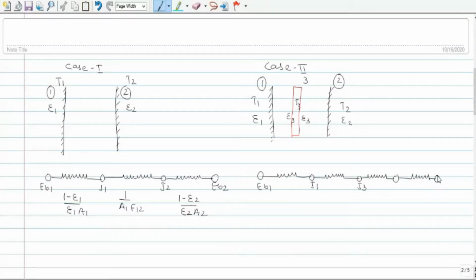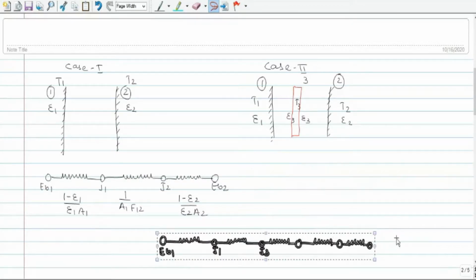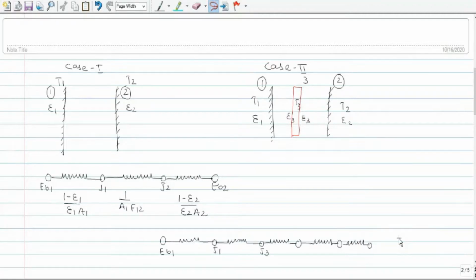Then there is a space resistance, and then again the resistances are there.